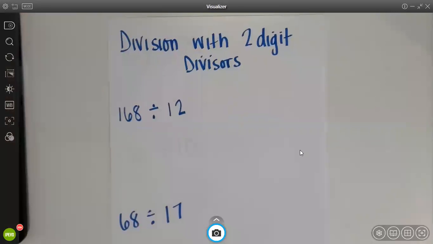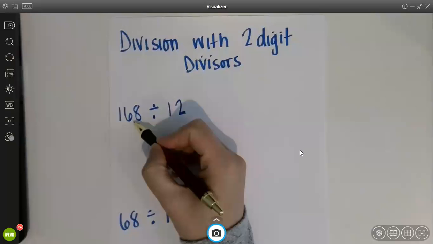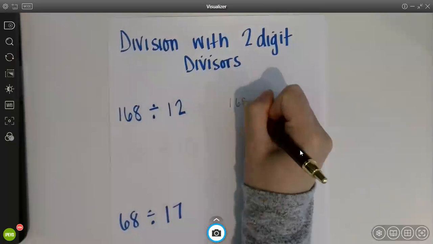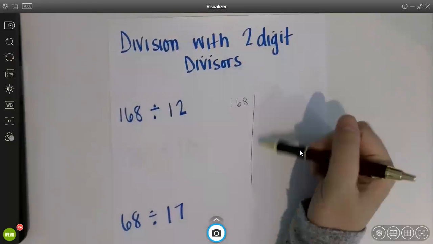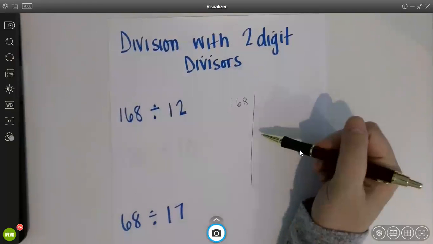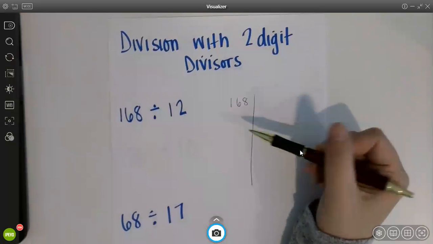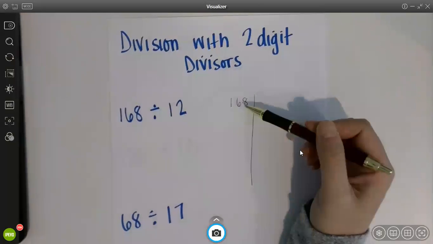So here we have 168 divided by 12. I'm going to write 168 over here, and I'm going to draw a line because I'm going to be keeping track of how many 12s I've used over here. With partial quotient, I want to start by thinking to myself, how many 12s go into 168 that I know for sure?